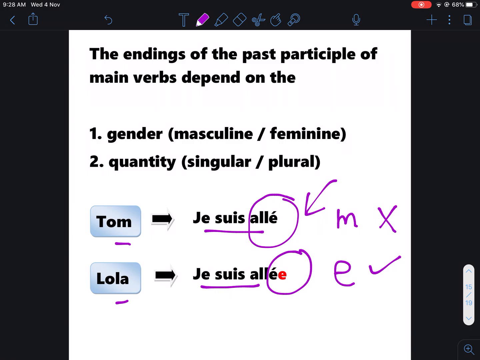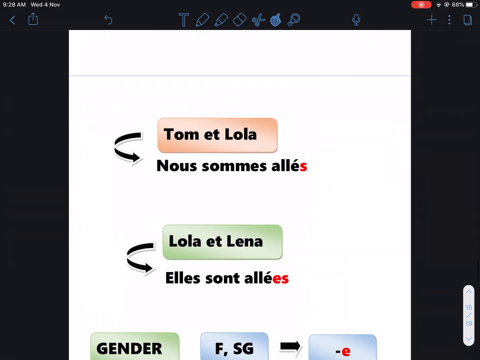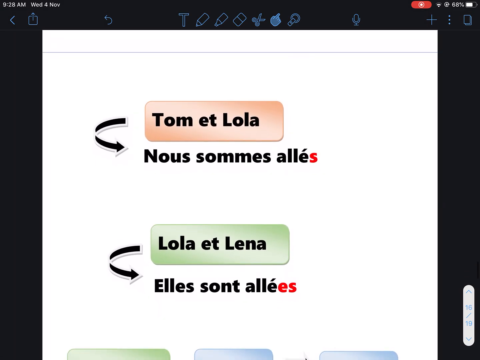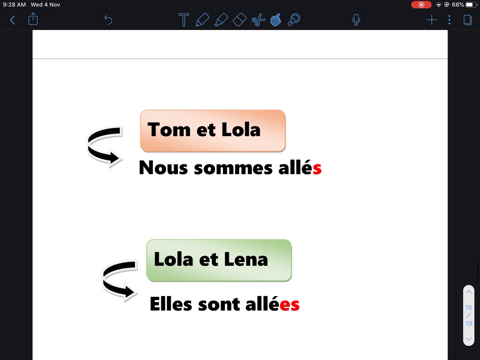Now, my second point is that it depends on the quantity or number. Let's look at this first. You have here two pairs. The first pair is Tom and Lola. The second pair that we have here is Lola and Lina.